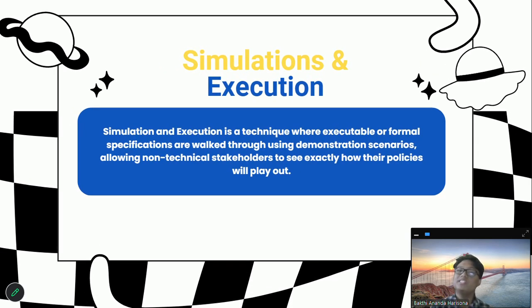Next, we got simulation and execution. Simulation and execution is a technique where executable or formal specifications are walked through using demonstration scenarios, allowing non-technical stakeholders to see exactly how their policies will play out.